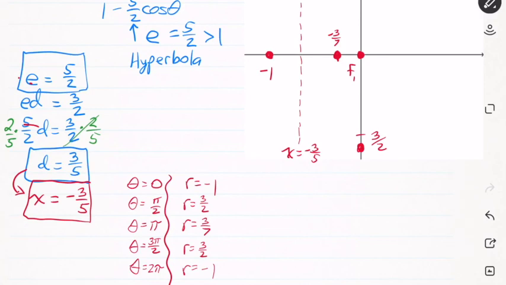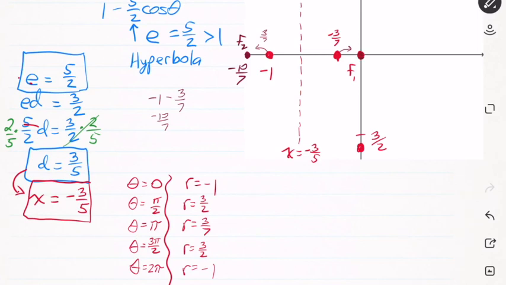Notice the foci here is to the right of that point, so I need to move to the left 3/7 units. So I'm going to subtract 3/7 from 1. So let's see, negative 1 minus 3/7, that's negative 10/7. So we're going to have this coordinate over here, which is negative 10/7, and that actually is the second foci.